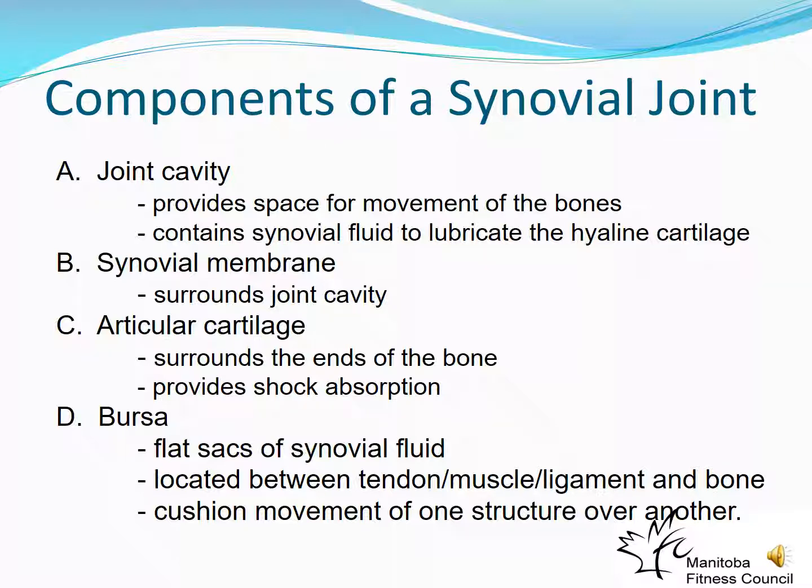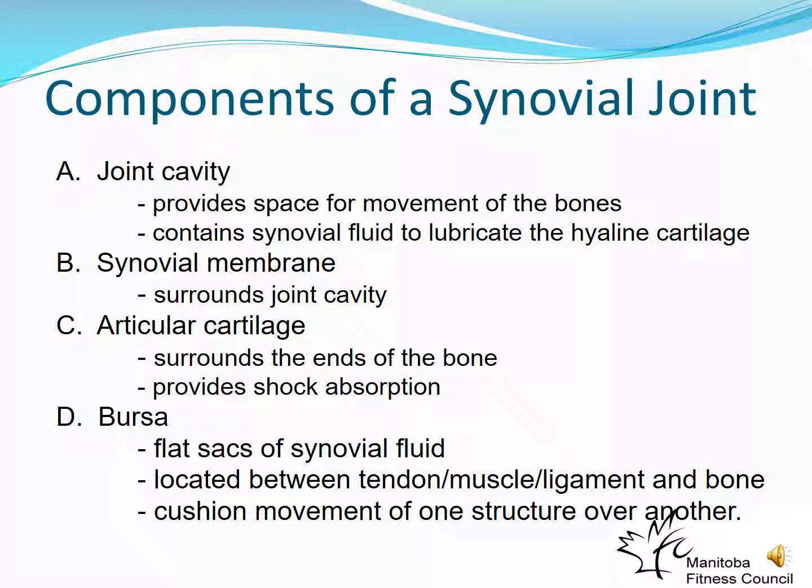So we have that joint cavity. The synovial membrane is going to surround the joint cavity. The synovial membrane will respond to movement. So when you move that joint, it responds to movement by secreting synovial fluid.